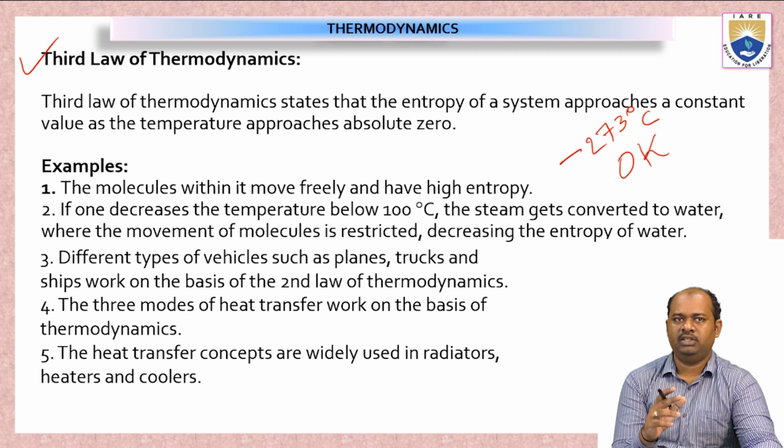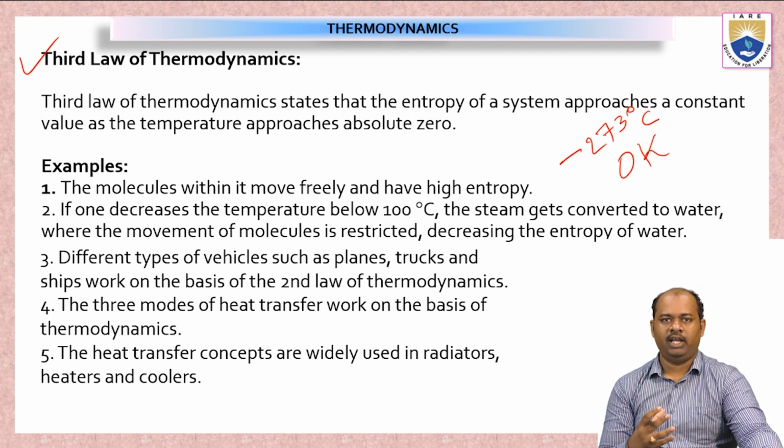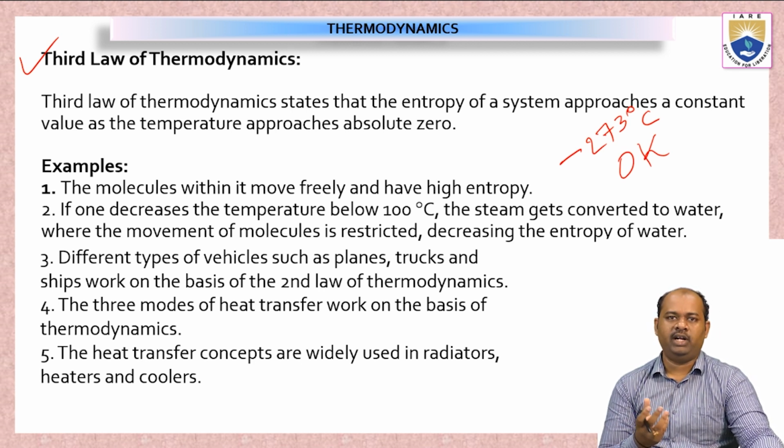The second example is if one decreases the temperature below 100 degrees centigrade, the steam gets converted to water, where the movement of the molecules is restricted, decreasing the entropy of water. Suppose I have water and I have boiled it up to 100 degrees centigrade. What happens? 100 degrees centigrade is the boiling point of water, where the water will be converted into steam. Now when the steam is cooled, it will be converted into water.